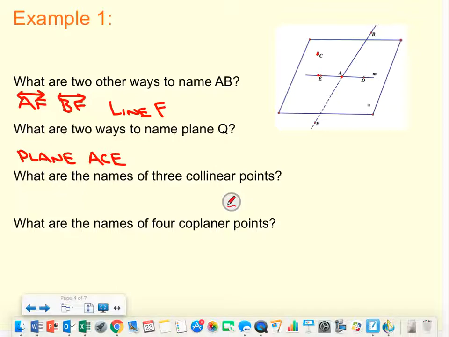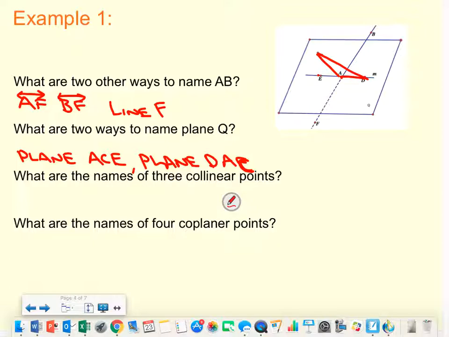We could also say plane DA. Right, you can again see that D, A, and E are collinear. So maybe DAC. Okay? D, A, and C are non-collinear.